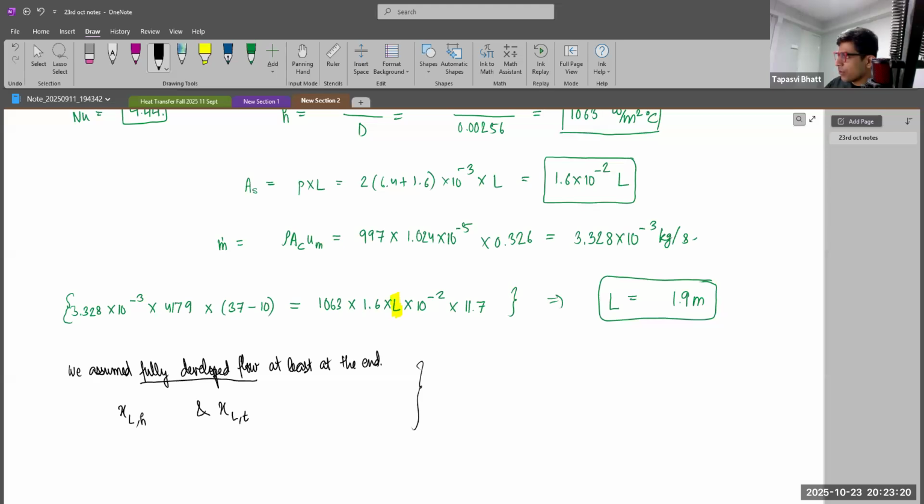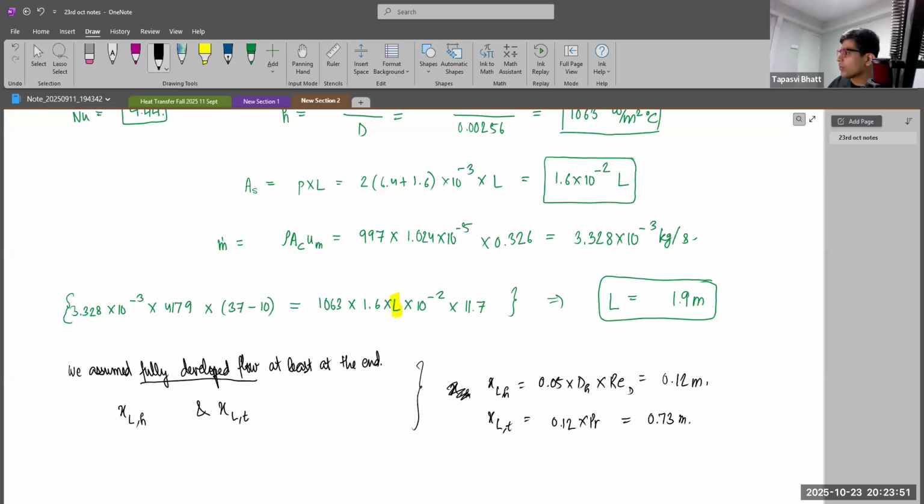So the XL for hydraulic is 0.05 times dH times Re, which I've got here as 0.12 meters. And the XL for thermal would be 0.12 times the Prandtl number. If you put in the values, the final answer is 0.73 meters.